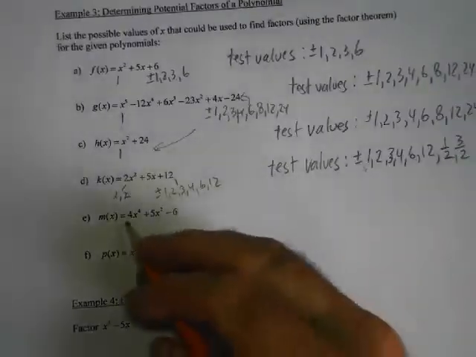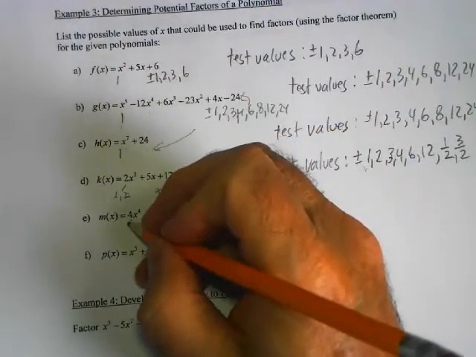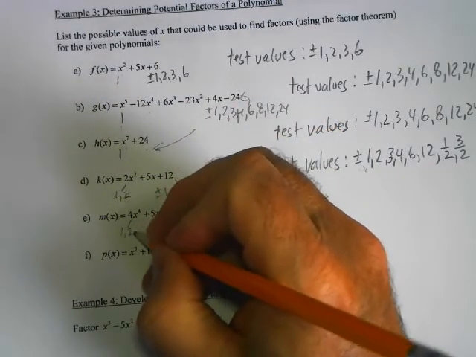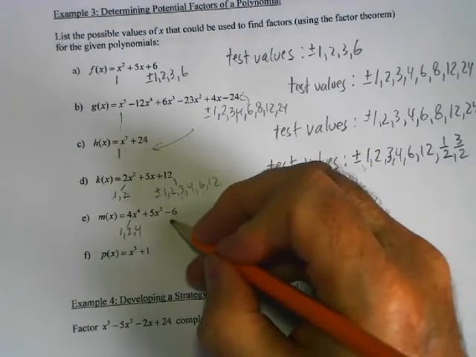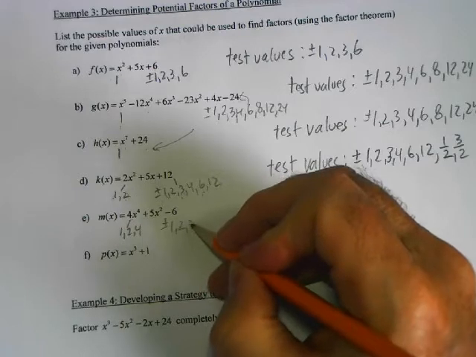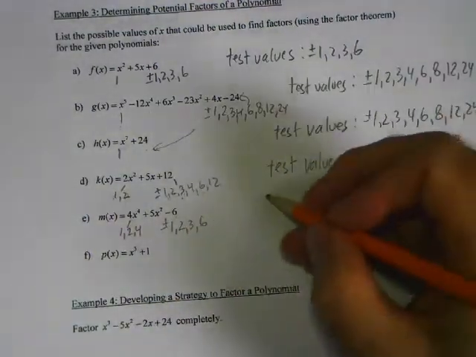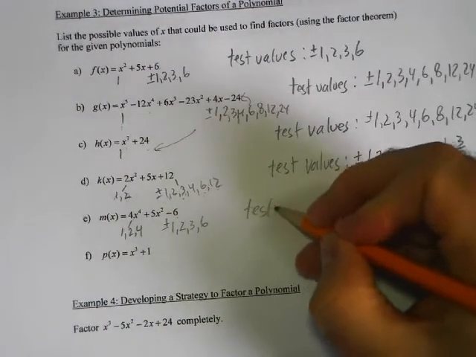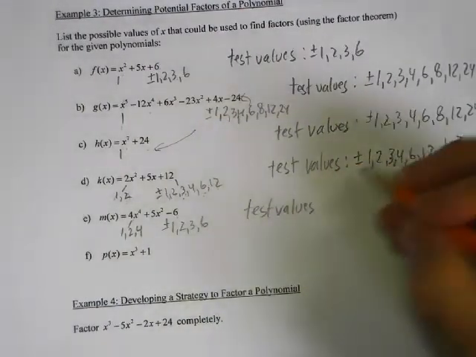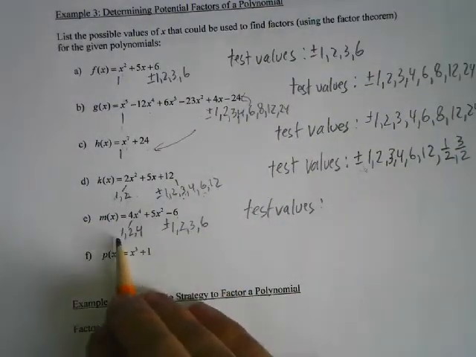Okay, so this is similar. Now this time we've got 1, 2, and 4, and here we have plus or minus 1, 2, 3, 6 for the negative 6. So test values could be, again, let's start off with dividing by the 1.